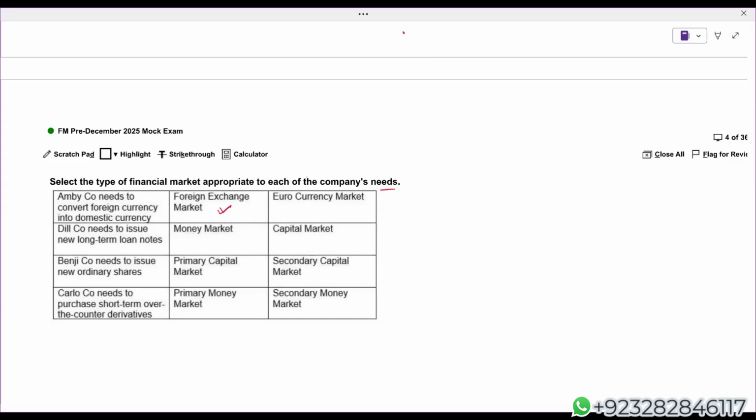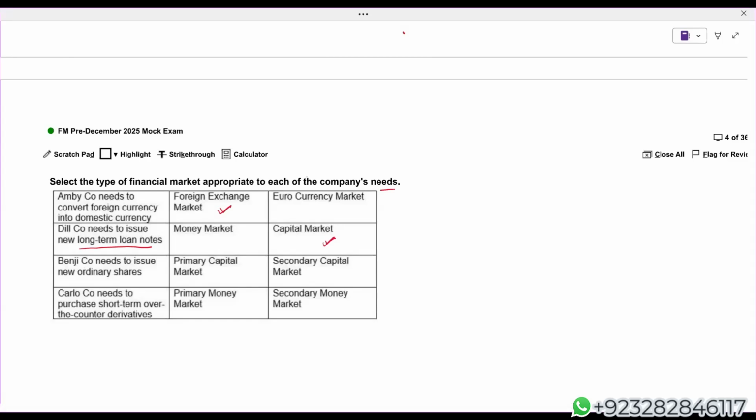Dell company needs to issue new long-term loans. A student, money market actually deals with short-term financial instruments. Capital market deals with long-term financial instruments. So for Dell company, the relevant market is capital market.